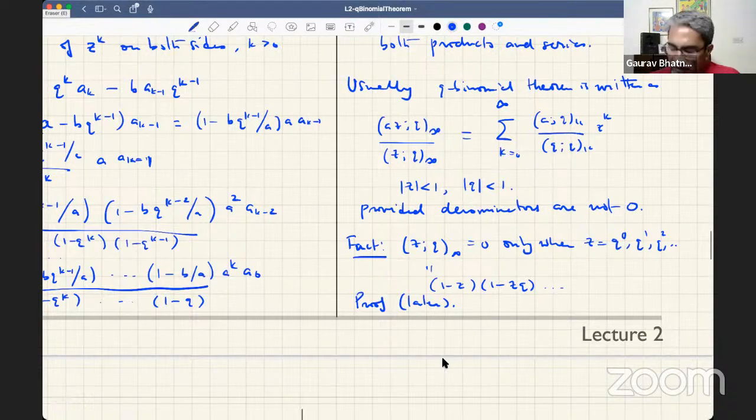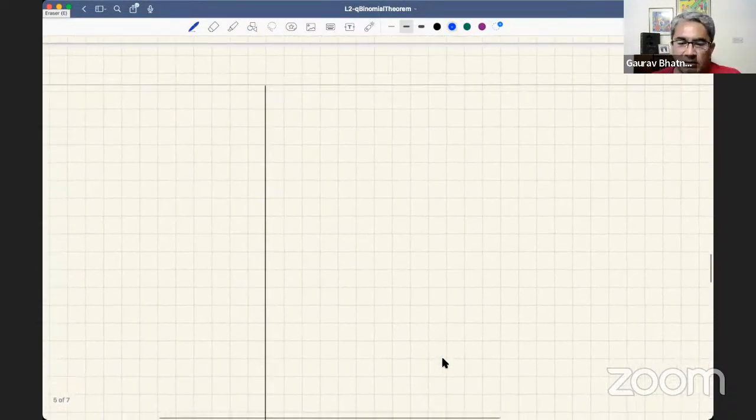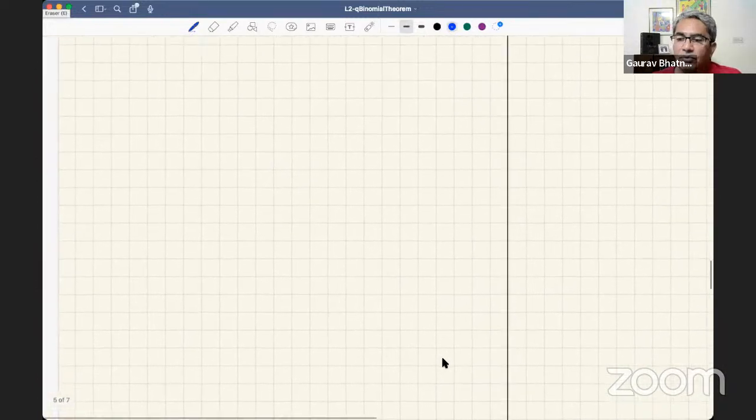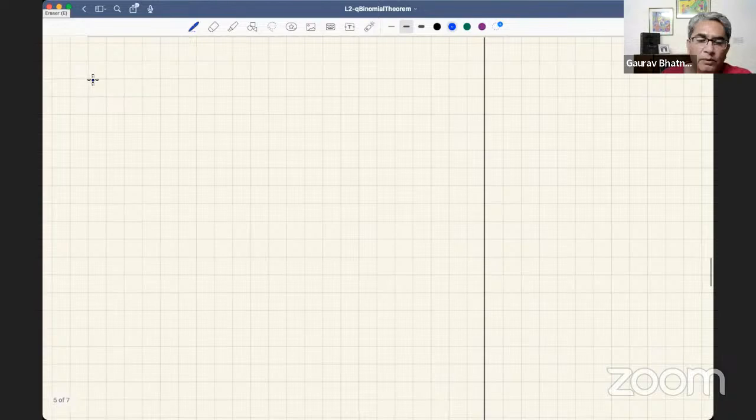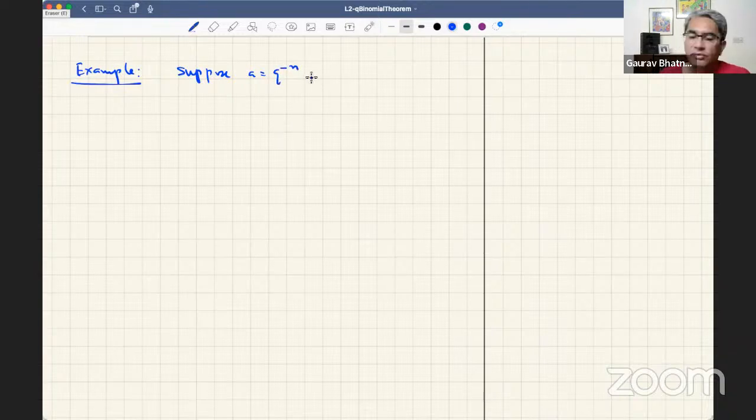That finishes it. Let me do one small example before I stop. Suppose A is equal to Q raised to minus N for some N bigger than or equal to 0.